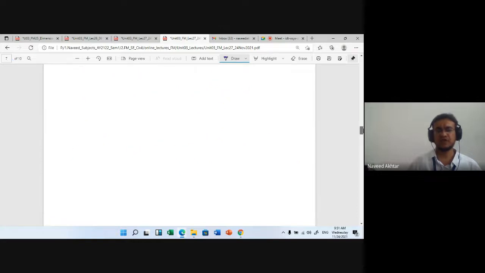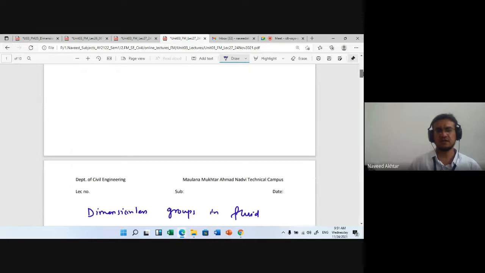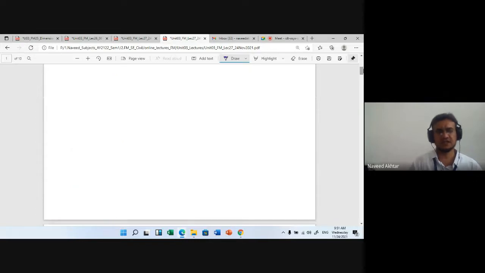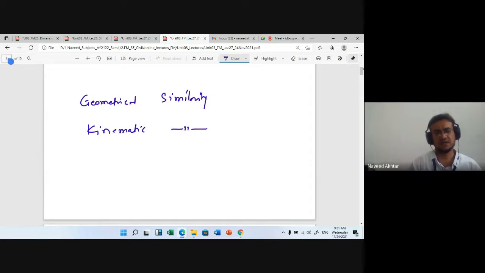So today we saw the basic dimensions and dimensional analysis, the geometrical similarities, then kinematic similarities, and the dynamic similarities.